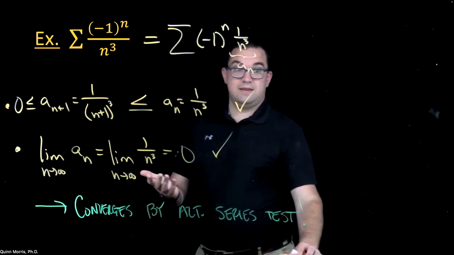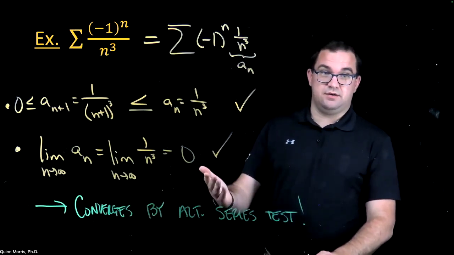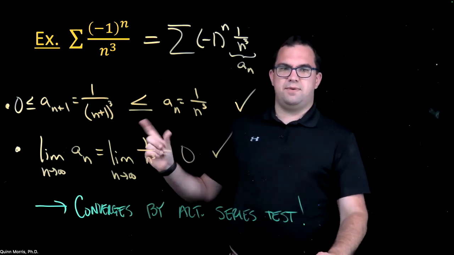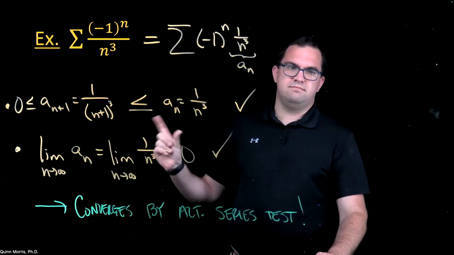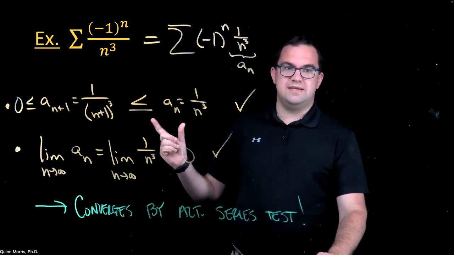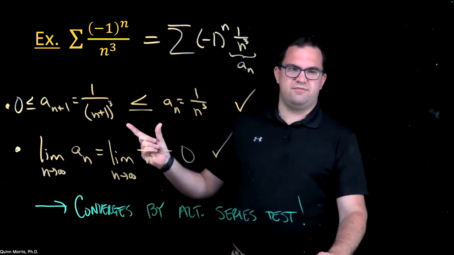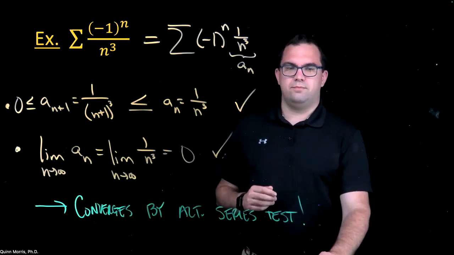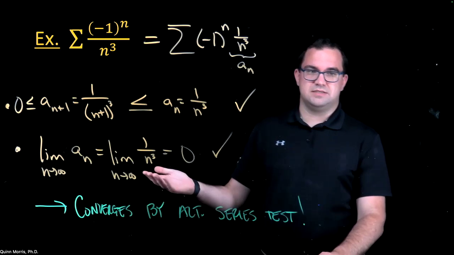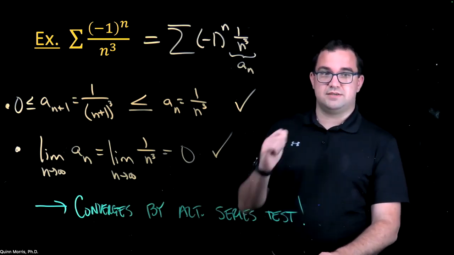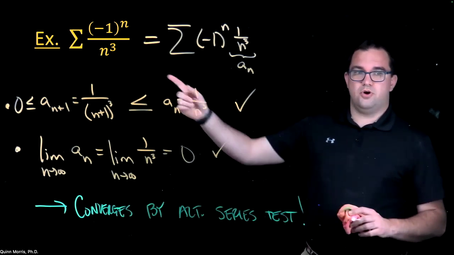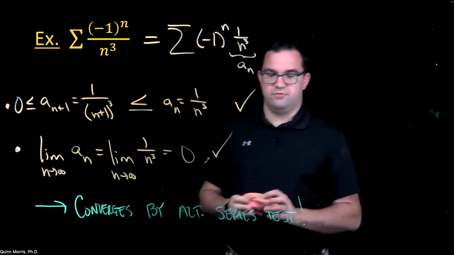So really nice test, right? You essentially just check these two conditions. This first one, depending on the series, can be harder or easier. In this case, it wasn't very difficult to establish this inequality, but for other series, it could be a little more difficult. And then you check this limit condition, and if you get checks for both of those, then the alternating series test tells you that your original series had to converge.